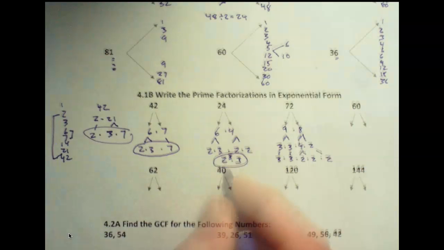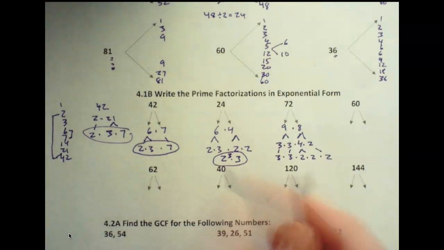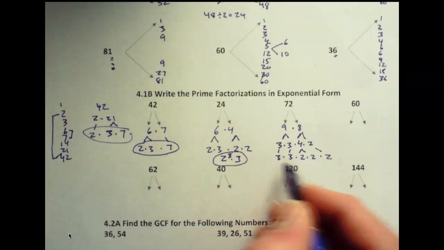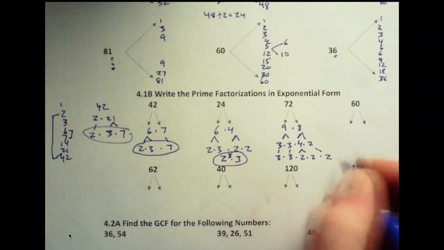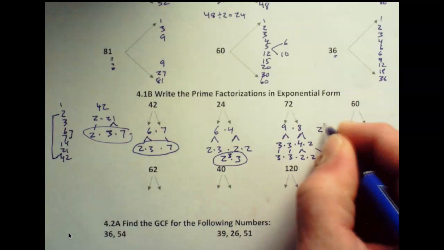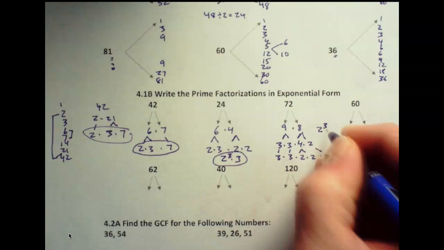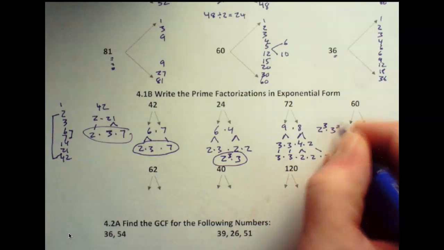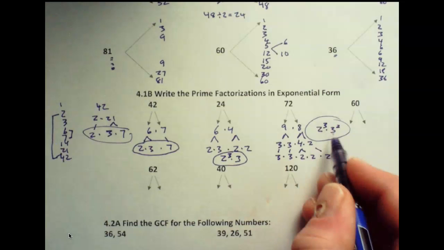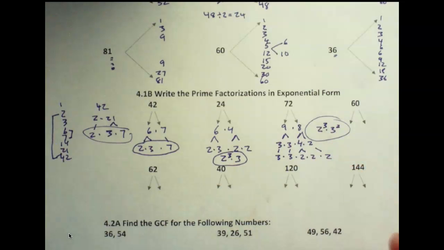The rest of the 2 to the third was 8. How 8 broke down eventually into those 3 2's. So let me gather that up. I've got, for that one, 2 to the third times 3 to the second. And guess what? 2 to the third is 8, 3 to the second is 9. We're right back to that same problem.